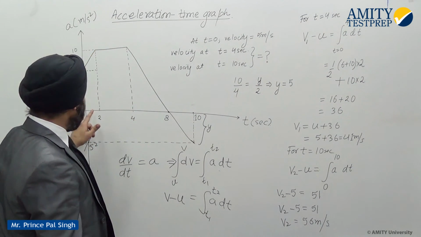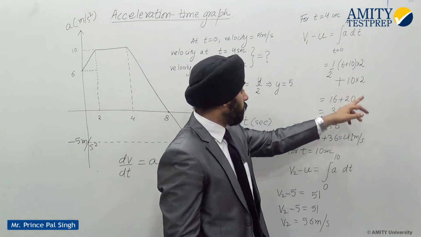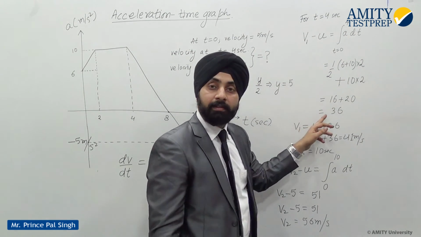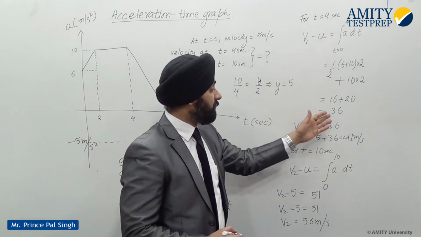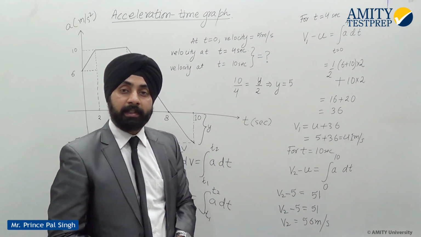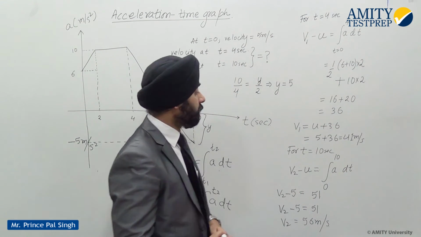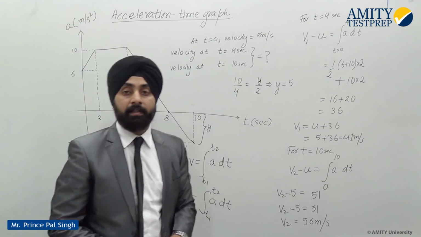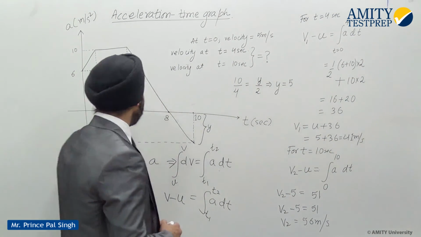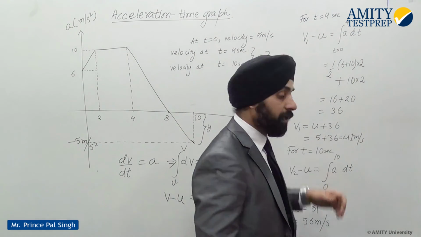So this is 10, this is 2, so 10 times 2. So this area comes out to be 36. So the change in velocity is 36 meter per second. So v1 equal to u plus 36. That is 5 plus 36 is equal to 41 meter per second. So the velocity at t equal to 4 seconds is 41 meter per second.